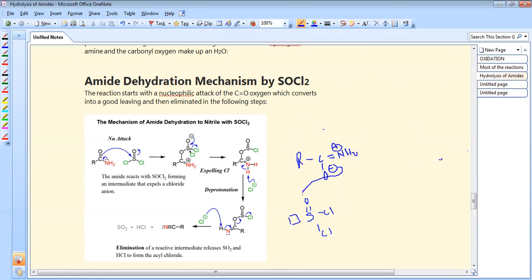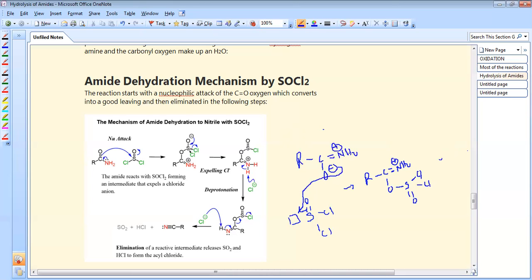It donates its electron to this sulfur. Thereby a bond is formed between O and sulfur, S double bond O, Cl, Cl.